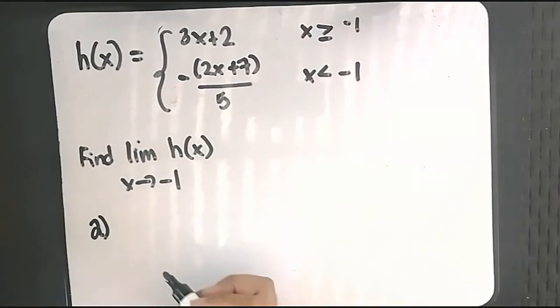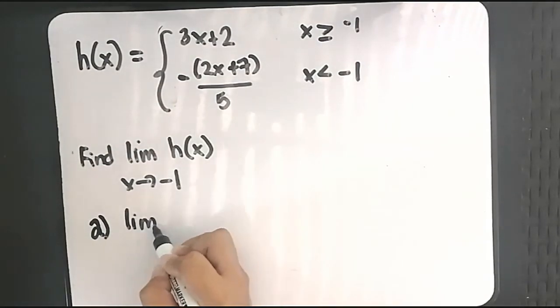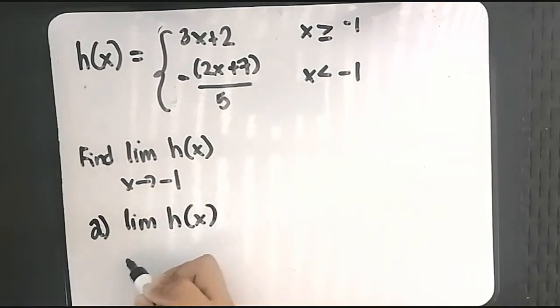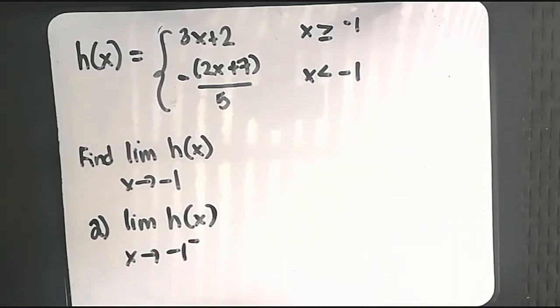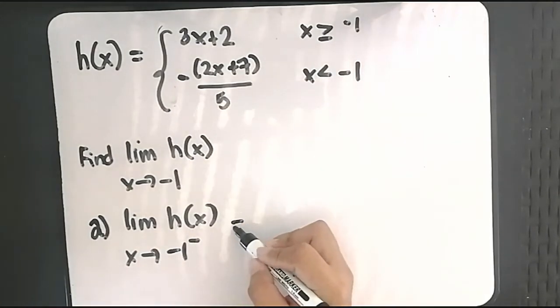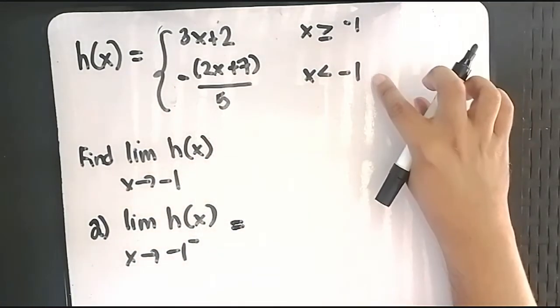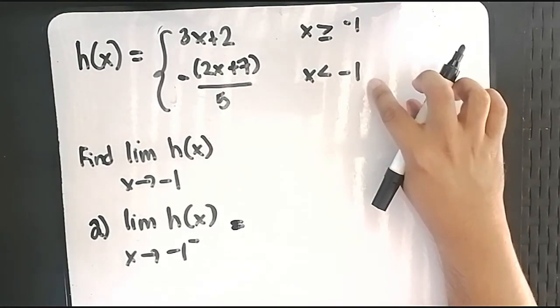So first, we will find the limit of h of x as x approaches negative 1 from the left. And what is that? Gagamitin natin yung etong function na to. Kasi ito yung less than negative 1.